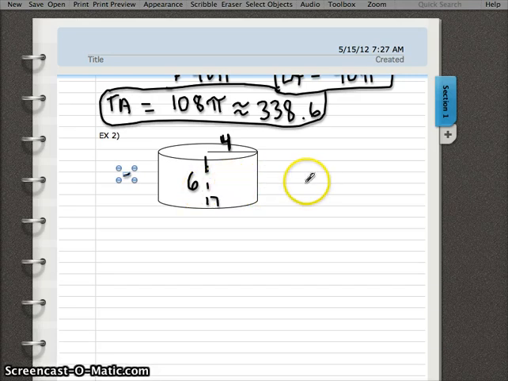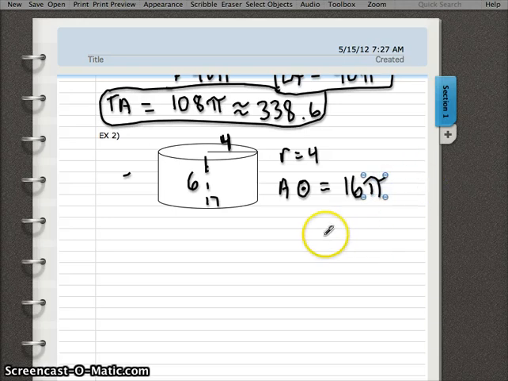So let's try and find our LA and TA of this cylinder. We know the radius because they gave it to us. It's 4. So the area of the circle, using shorthand here, is going to be pi r squared, or 4 squared times pi, which is 16 pi. We're going to double it for 2 circles. There's a top and a bottom.